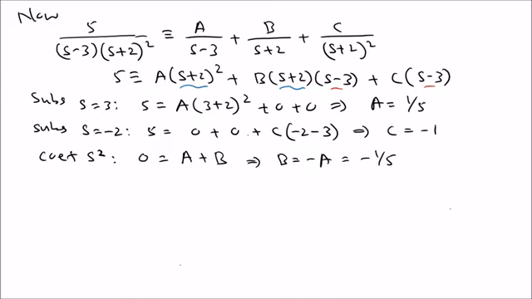Now what we can do, we can substitute that. So that means A is 1 over 5. So the expression over (s minus 3)(s plus 2) squared equal, you can write it now.